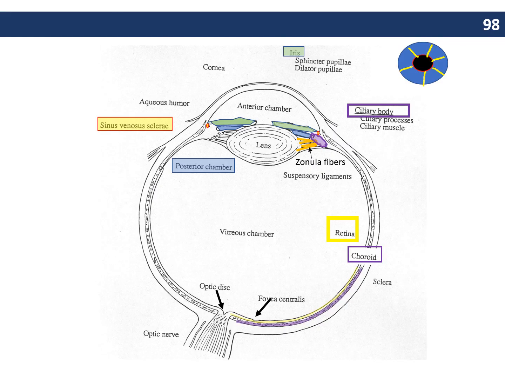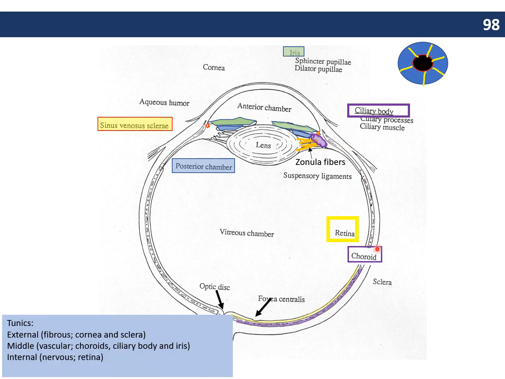As we take a closer look at the eye, we've already talked about the sclera, this outermost layer of the eye. We think of those as tunics or coats, and the sclera and the cornea make up the outer tunic of the eye, the external fibrous tunic of the eye.